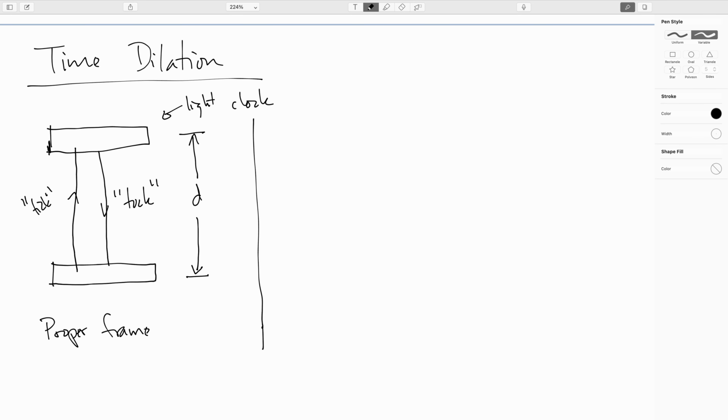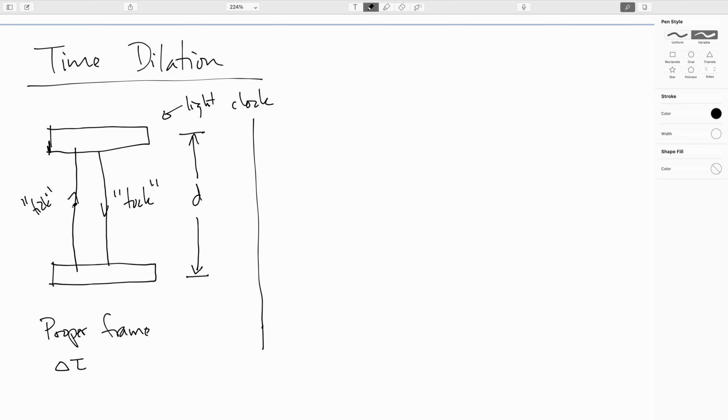So we can figure out the time that elapses between a complete tick-tock cycle. We'll call that time delta tau, because again here, in order for us to measure the length of something, we had to have two events that happen at the same time. In order for us to measure the time, proper time, we're going to have two events that happen in the same place.